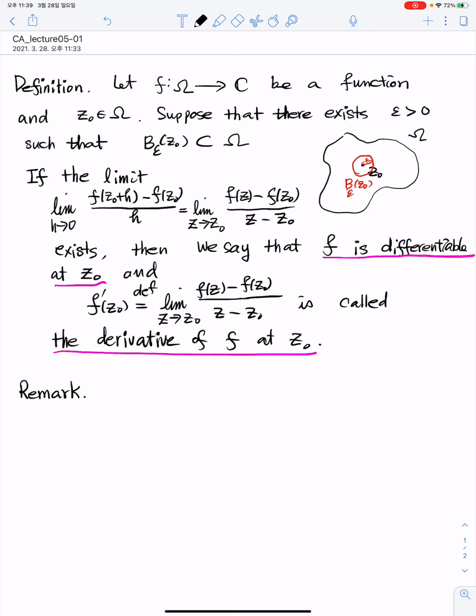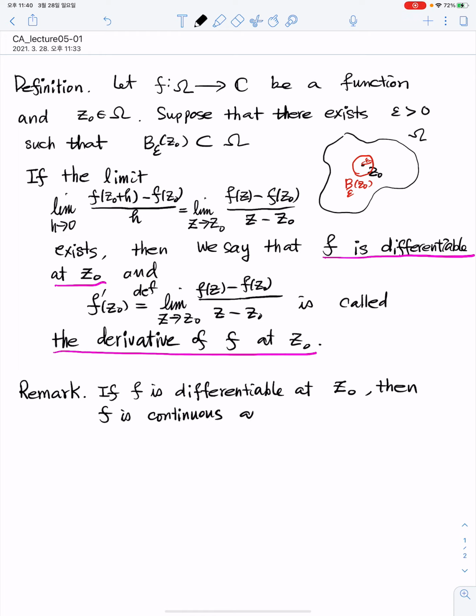So which means if f is differentiable at z0, then f would be continuous. Okay, so f is continuous at z0. It's the same as you learn in the calculus.